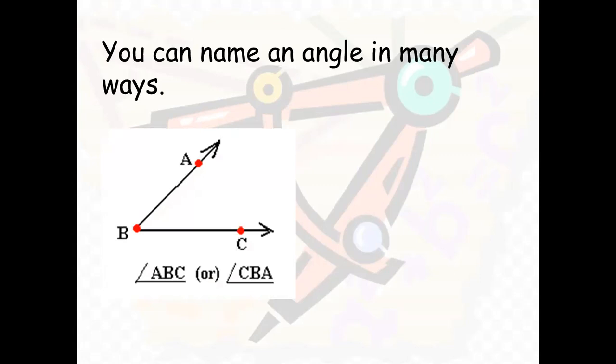You read it from up, that's ABC, or you read it from down, CBA. But you cannot read this angle as BAC or BCA. You cannot do that because that doesn't make any sense, because BCA is not even an angle properly. You can either read it as ABC or CBA.